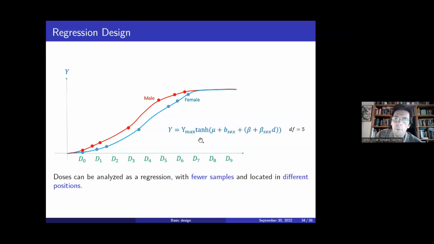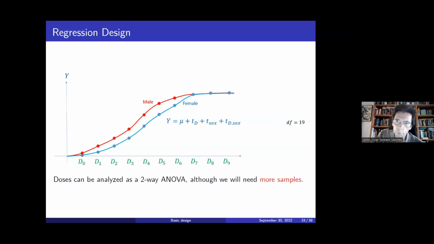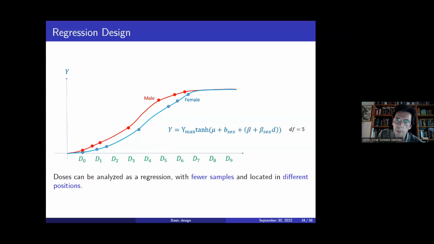Now you change your model. You say, no, I will do a regression model. So now it looks more complicated, but here, if you count how many parameters you have, you only have 5 parameters. So I don't have to estimate 19 parameters, but only 5. So I need fewer animals. And also because I know the shape of the curves, I don't know which exact curve I will have, I need the experiment for that, but I know the shape of the curve.